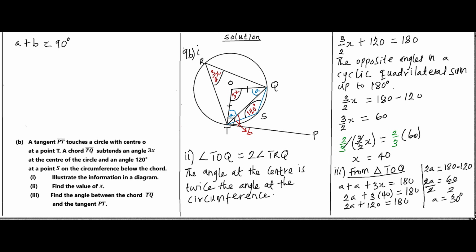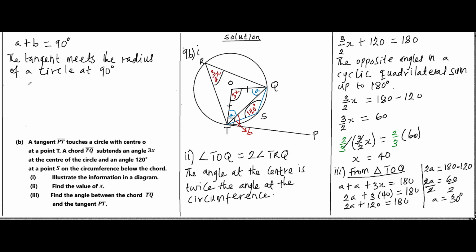The reason is that the tangent meets the radius of a circle at 90 degrees. So that is the reason.